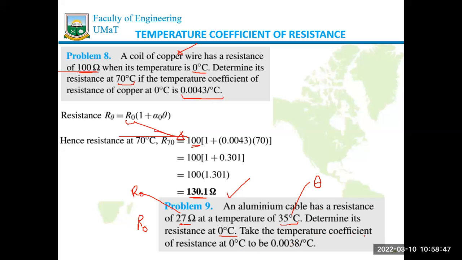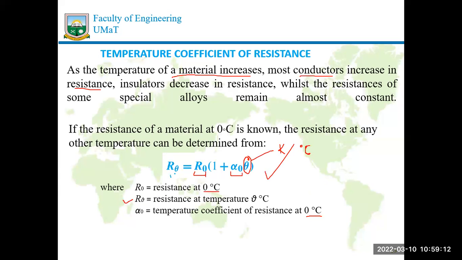And the temperature coefficient of resistance has also been given here. So for this question, we've been given this, we've been given that, we've been given this, we've been given that. The only thing we have not been given is this, and that is what we are looking for.